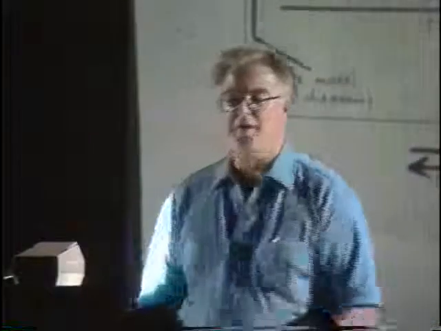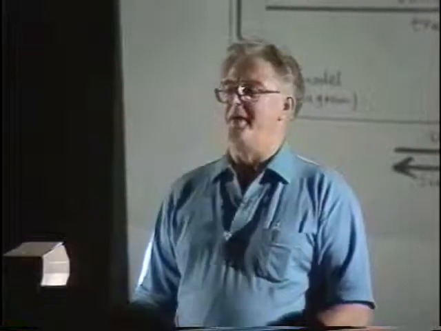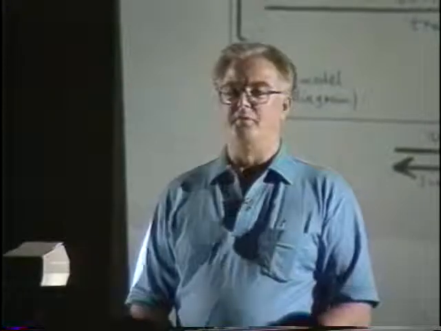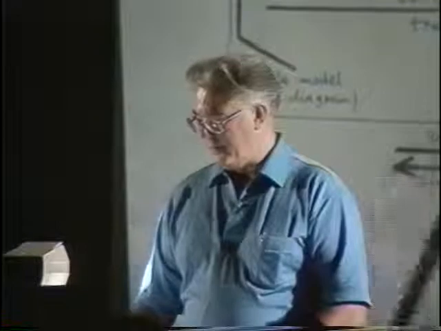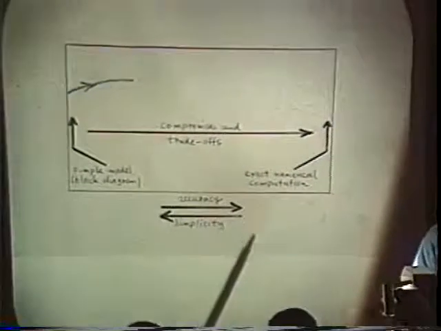So let me start out with establishing a context for an overall design problem. Here's a very qualitative structure. Again, I showed this last year. The bottom axis represents the inherent trade-off, accuracy versus simplicity. Notice that it's a double label. They run in opposite directions.